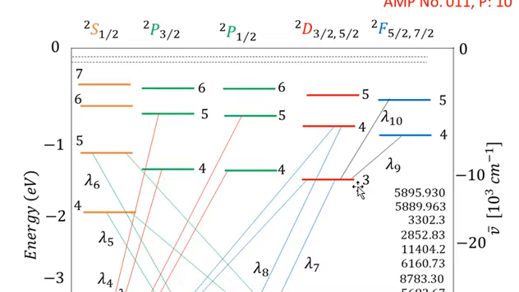So the principal quantum number for the lower state will be 3, and the orbital quantum number for the lowest level of this series will be l equal to 2, and the transitions from all the higher F levels will take place. For all the higher F levels, the orbital quantum number is l equal to 3.